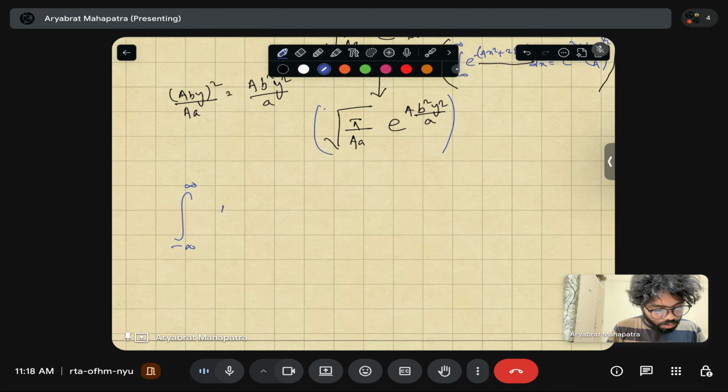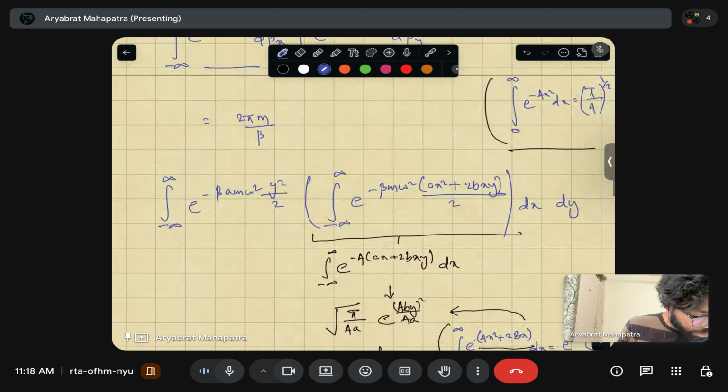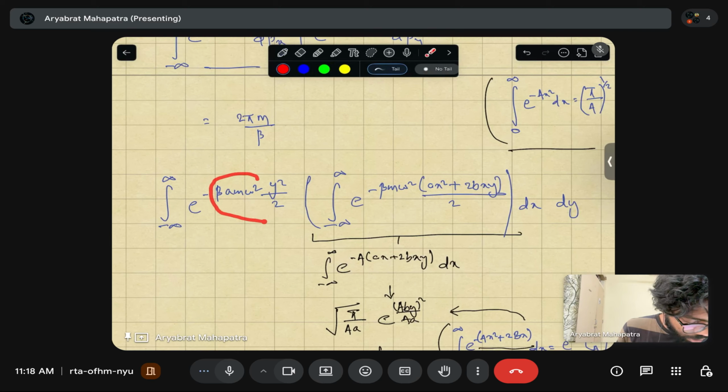So you have an overall factor of pi a, then you have exponential of minus a y square. And remember, whatever a I'm writing here, just check carefully.